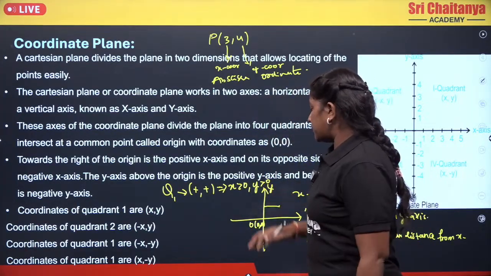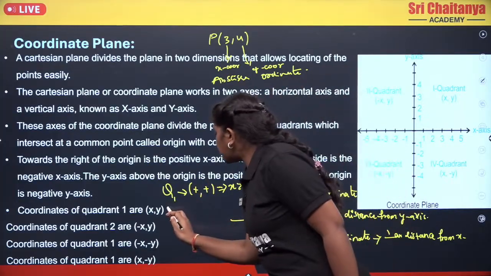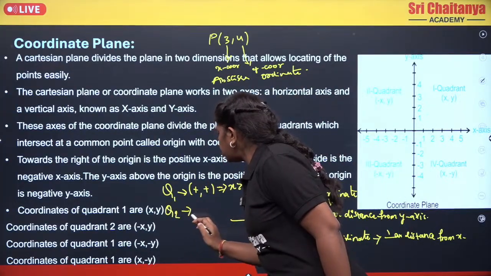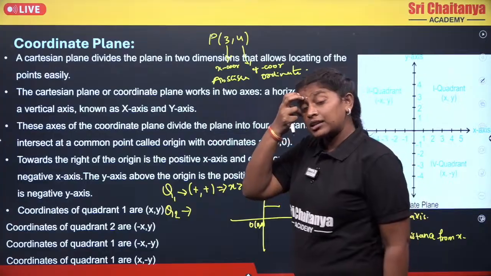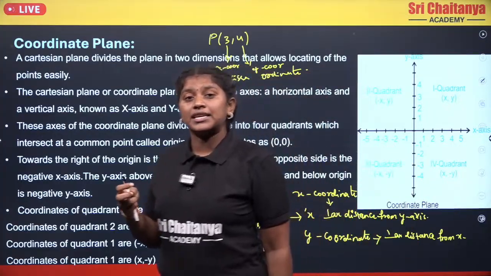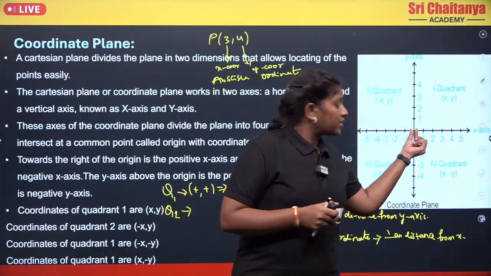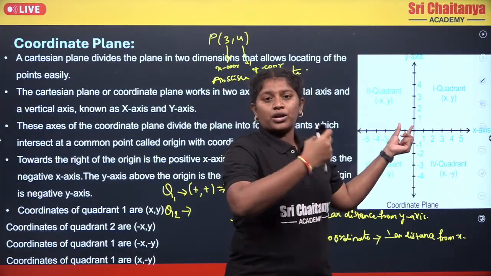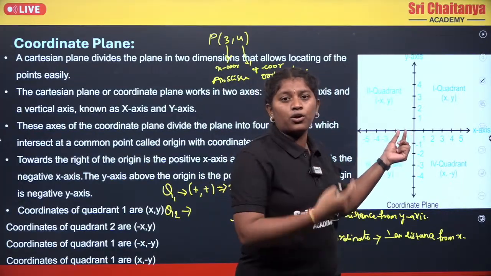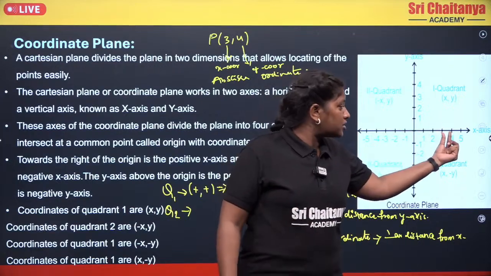Okay, now moving to quadrant 2. In quadrant 2 we have negative x and positive y. How can we say that? Take your origin as the reference point. The x axis on your right side becomes your positive x axis.